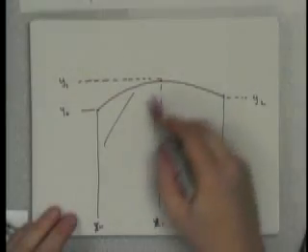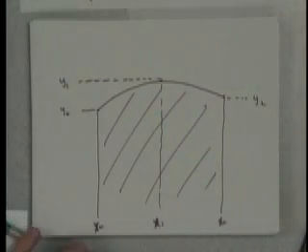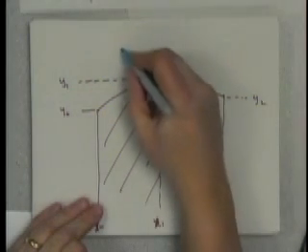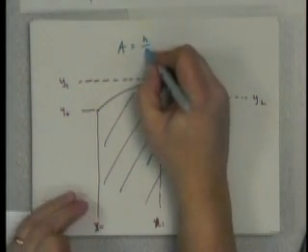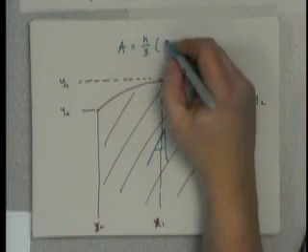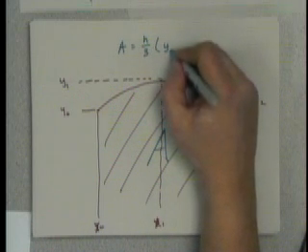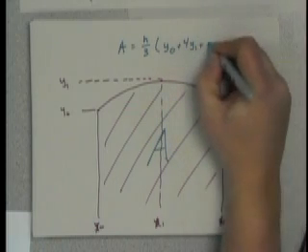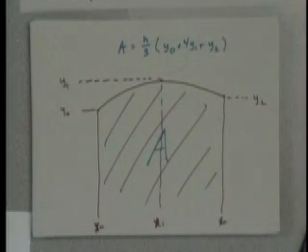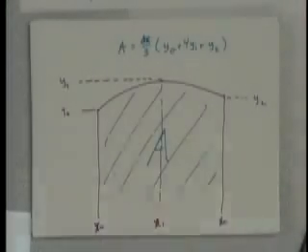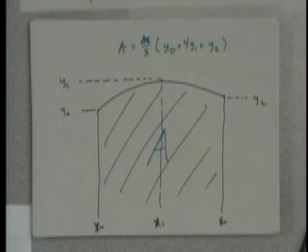It turns out that the area we're trying to approximate is the area under this curve, and if it were an actual parabola, the area under the curve, I'll call it A, is delta x over, I think, 6.